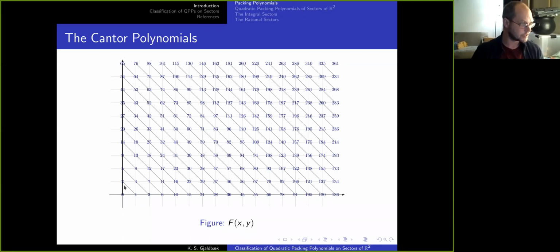I drew these diagonal lines so you can see that when you go up along these diagonals, the function value just increases by 1, and the next diagonal picks up exactly where the previous one left off. So this is f, and g is then similar, just counting downwards.